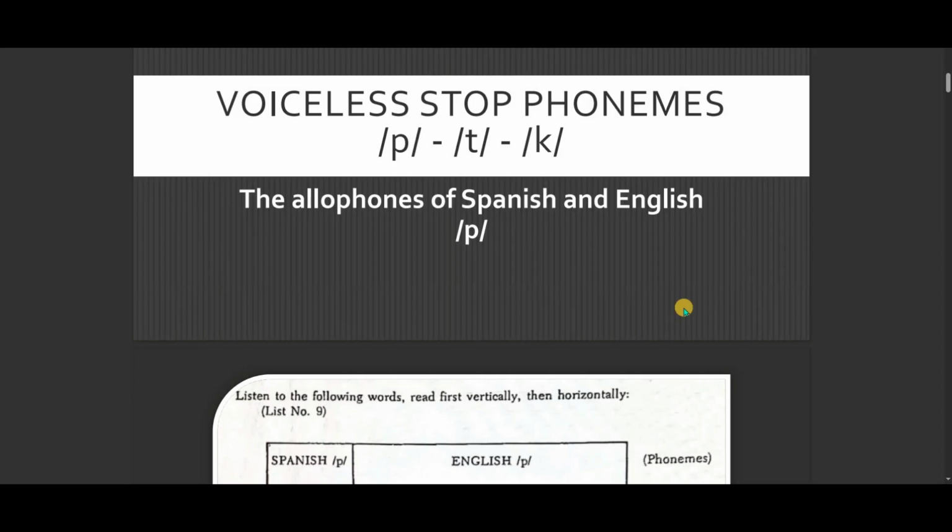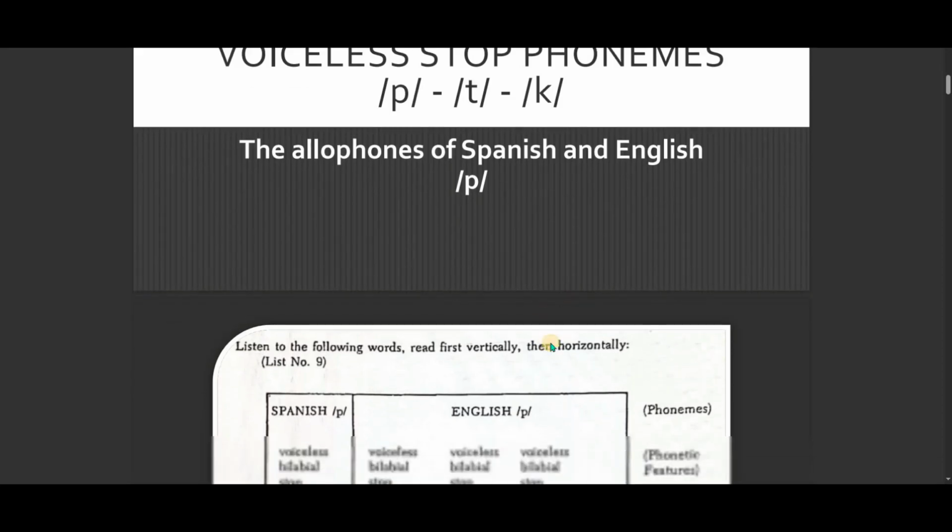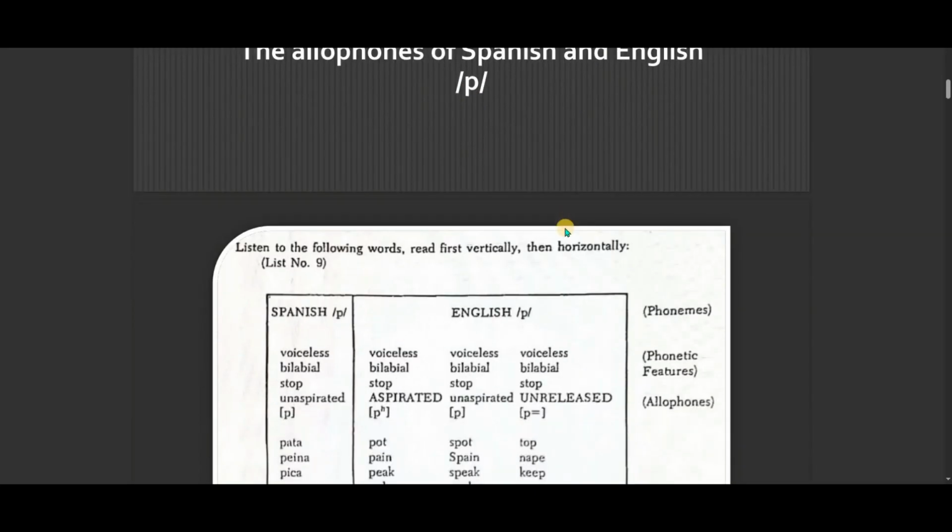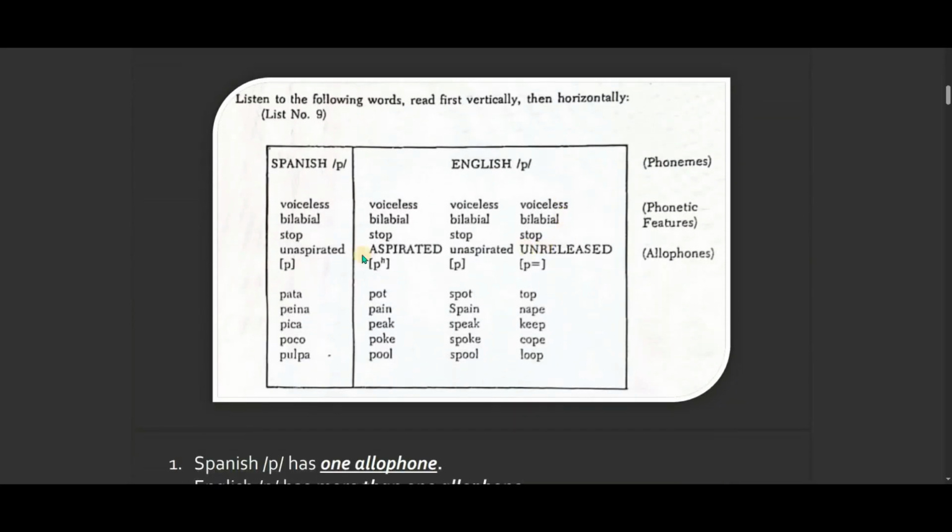For example, in the case of the allophones for Spanish and English P, as in Paul, we have a couple of them, and we need to identify them. So let's pronounce and listen to the following words, first vertically and then horizontally.